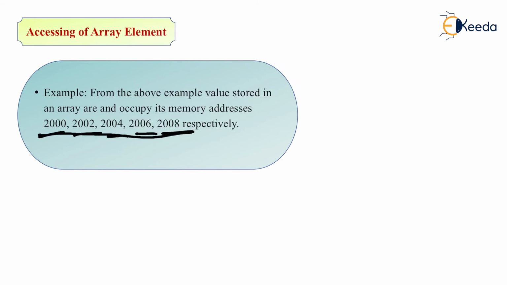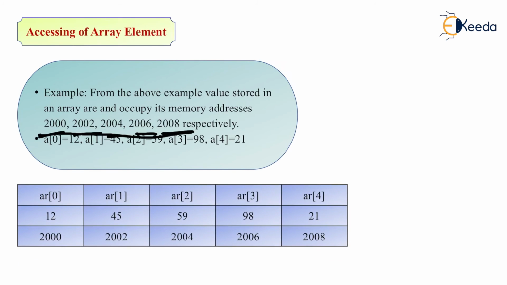So array[0] will be 12, array[1] is 45, array[2] is 59, array[3] is 98 and array[4] is 21, and these are the memory addresses: 2000, 2002, 2004, 2006 and 2008. With the help of this, you will get a whole idea.